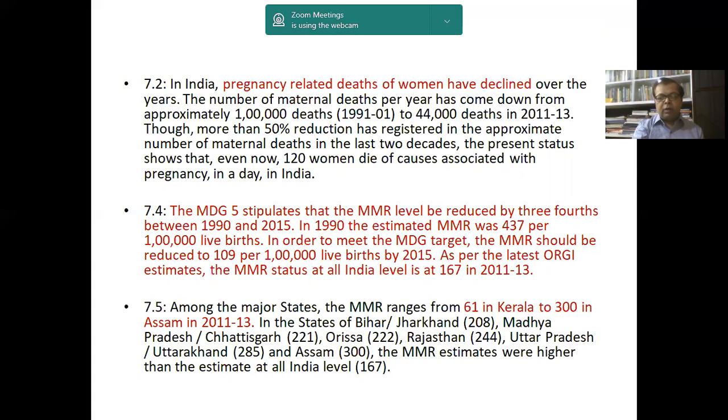So we were supposed to reach the goal of 109 per 1 lakh or 100,000 population, but we could not reach this. There is some kind of shortage in achievement of this goal. We can see that there is a huge disparity in terms of the states. Kerala has 61 and Assam has 300. That means the disparity is prevailing. The performance of various states is also mentioned here.